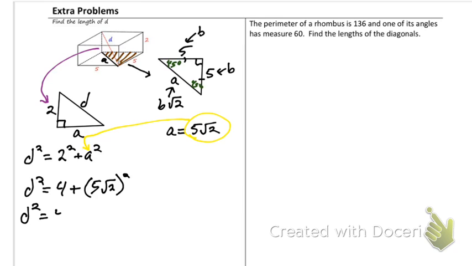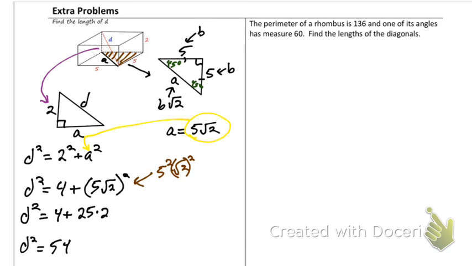D squared equals 4 plus 5 squared, which is 25, times square root of 2 squared, which is 2. Just a reminder, this would just be 5 squared times square root of 2 squared. All right, that's going to give me D squared equals 25 times 2, which is 50, plus 4. It's 54.